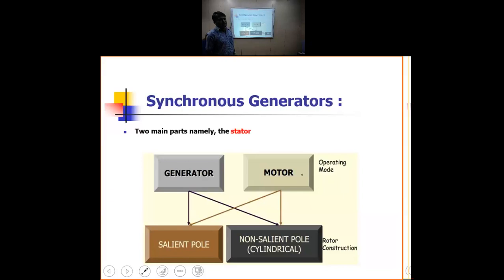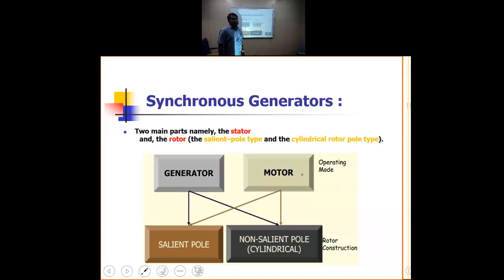Stator means the stationary part, and in a synchronous machine the stationary part means the armature. The other is the rotor, that means the rotating part. You have studied during construction of the generator that the rotor is of two types, salient pole type and cylindrical rotor type. Whether it is a generator or motor, in both cases the rotor may be salient pole type or cylindrical rotor type. That depends on the application.